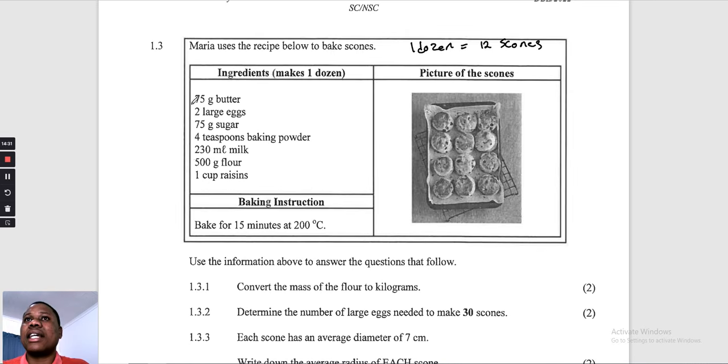So the ingredients given are 75 gram butter, 2 large eggs, 75 gram sugar, 4 tablespoon baking powder, 230 milliliter milk, 500 gram flour, and 1 cup raisins.